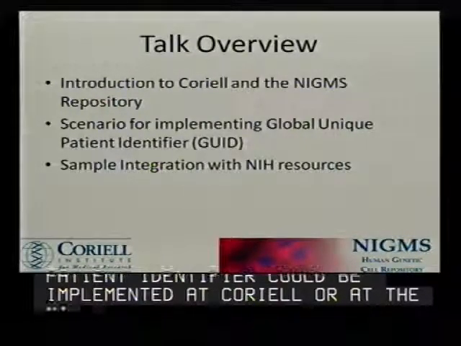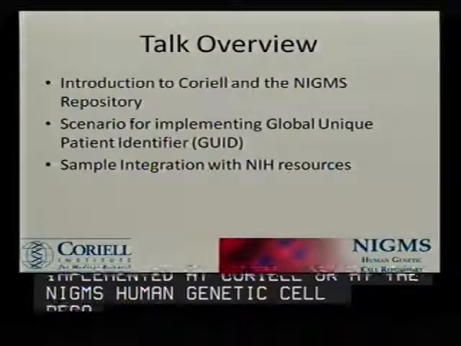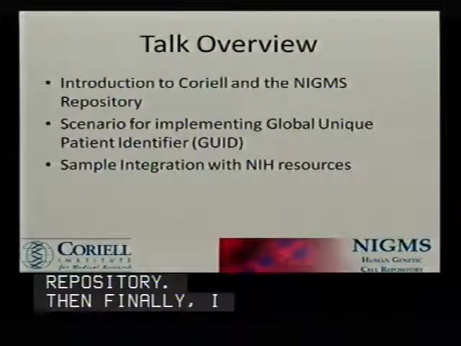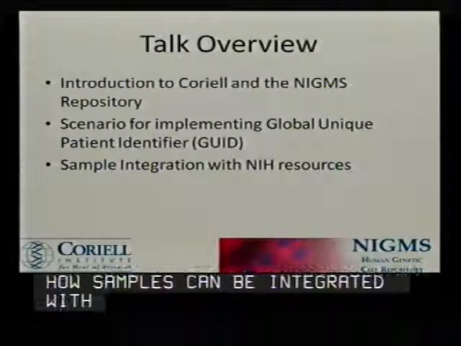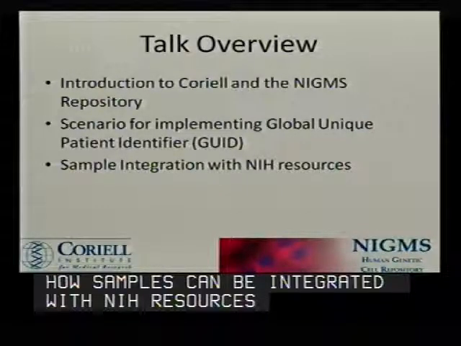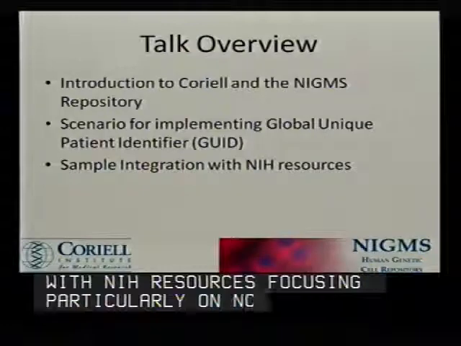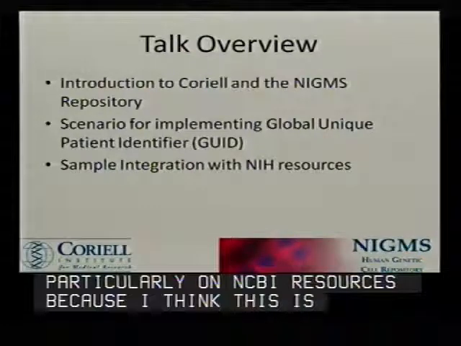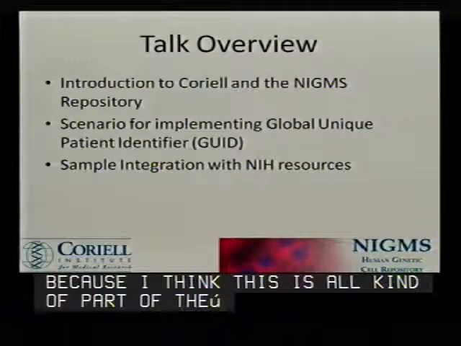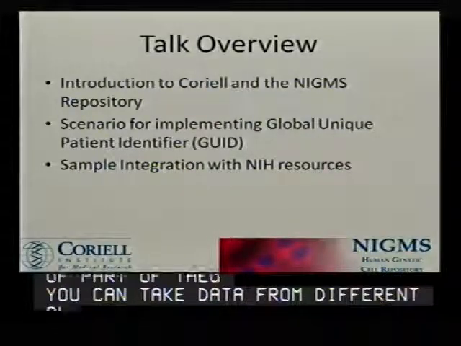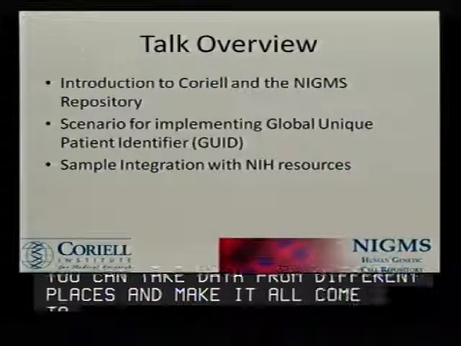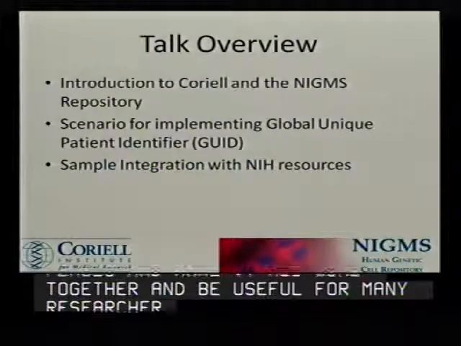And then finally, I want to touch on how samples can be integrated with NIH resources, focusing particularly on NCBI resources, because I think this is all part of the same thing of how you can take data from different places and make it all come together and be useful for many researchers.